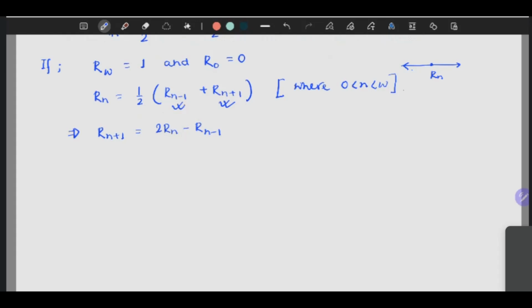So the characteristic equation we can write as, let's say this is x, this will be x squared. You can solve it like this: x squared minus 2x plus 1.